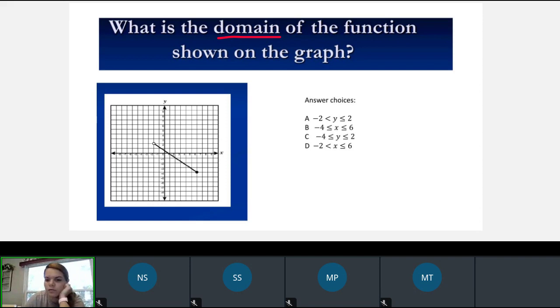Okay, so yeah, good. So what I was going for was A and C. The reason I say that is because we want the domain, but you can see that the variable in between is a Y value. So we can get rid of those.